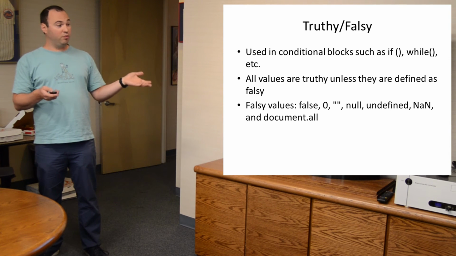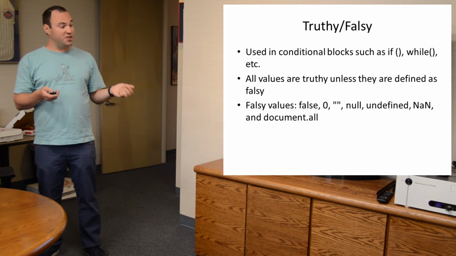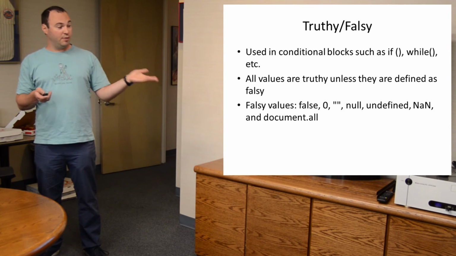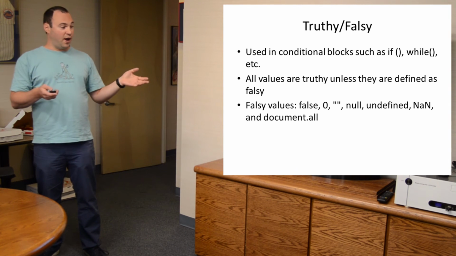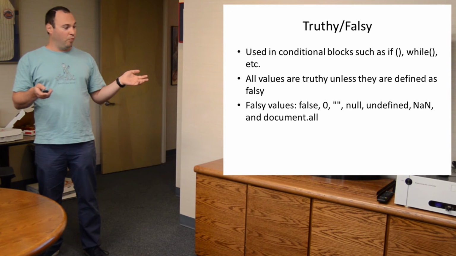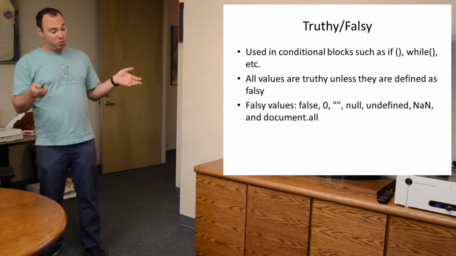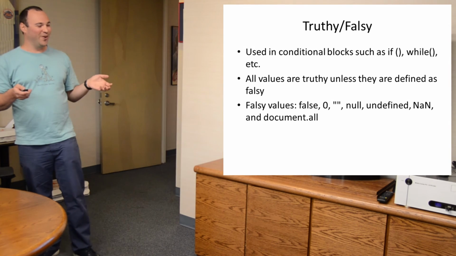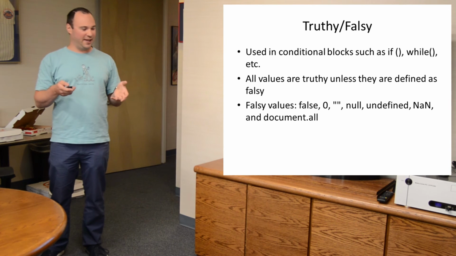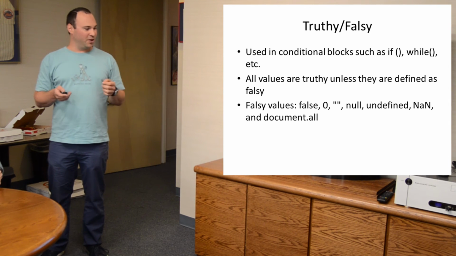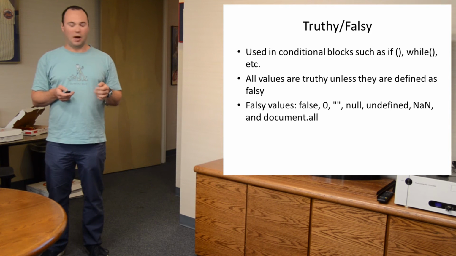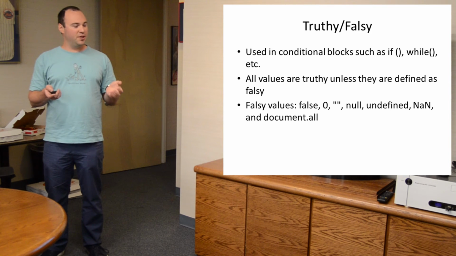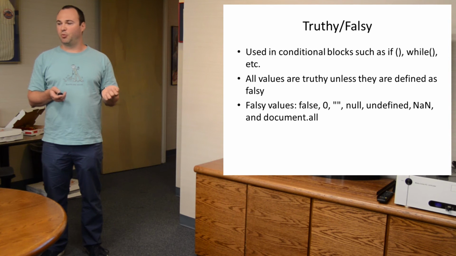So basically, all values in JavaScript are truthy, except these few falsy values, which are 0, an empty string, null, undefined, not a number, and for Internet Explorer, document.all also is false despite being a complete object with a good amount of stuff in it. document.all lists the functionality that the browser supports, basically.